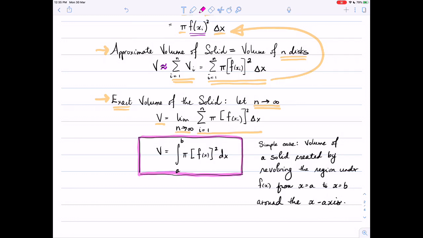This is the volume of a solid created by revolving a specific region, under f of x from x equals a to x equals b, around the x-axis. In that specific case, the volume can be calculated as the integral from a to b of pi times f of x squared dx.